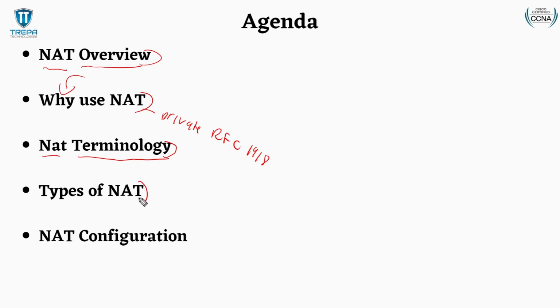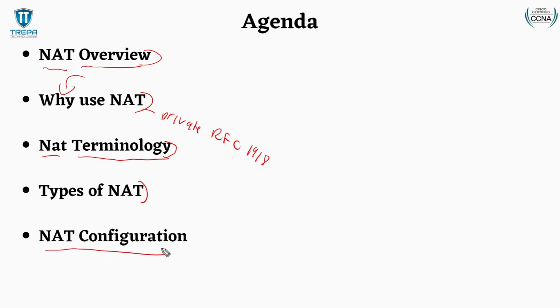There are 3 types: static, dynamic, and then PAT, or overload, or port forwarding, which in Cisco terms is called port address translation. The most important one, in my opinion, for a junior network administrator to know about, because probably 98%, with a made up number, 98% of enterprises use overload.